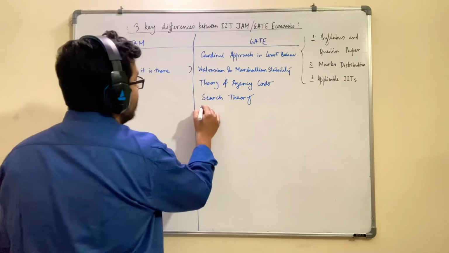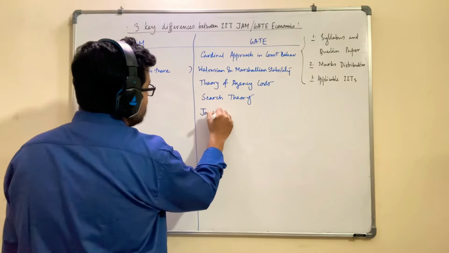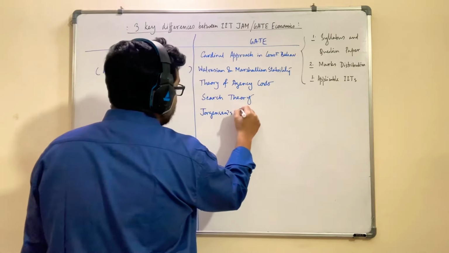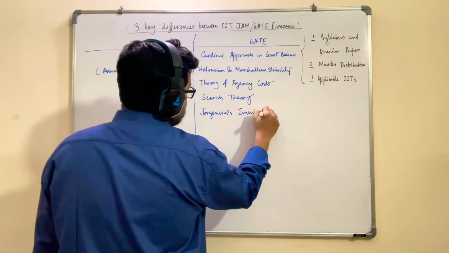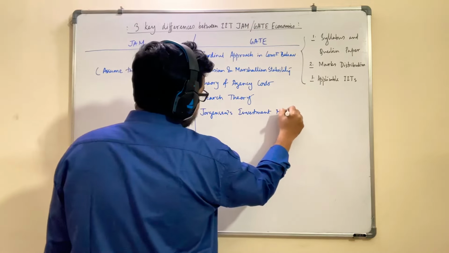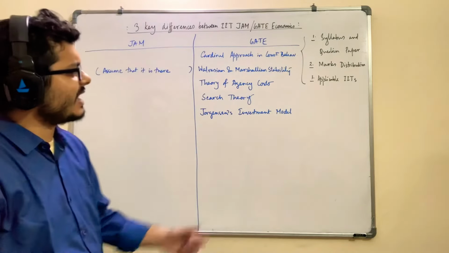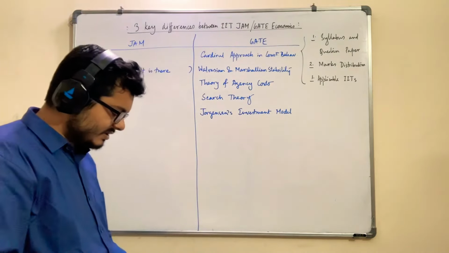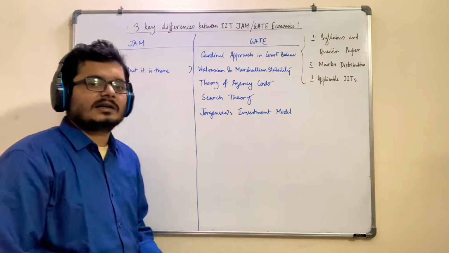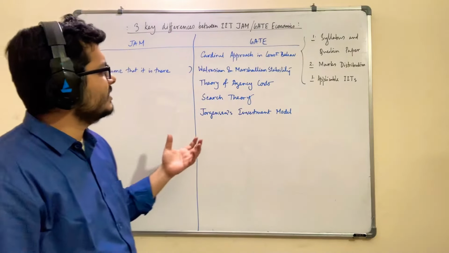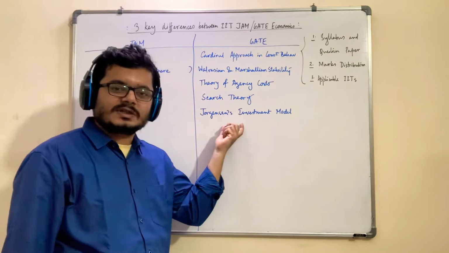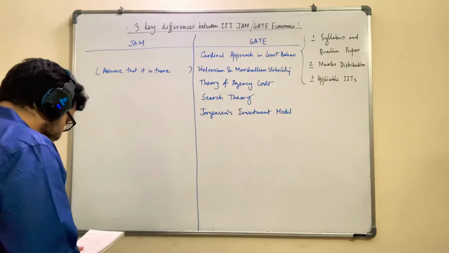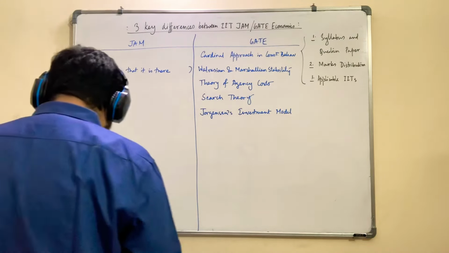Then comes Jorgensen's investment model. Now this model is actually quite difficult. In its true shape, it's difficult. So in GATE, this whole model is not there. Only the production function and some very specific parts are there. Okay. Some specific parts.